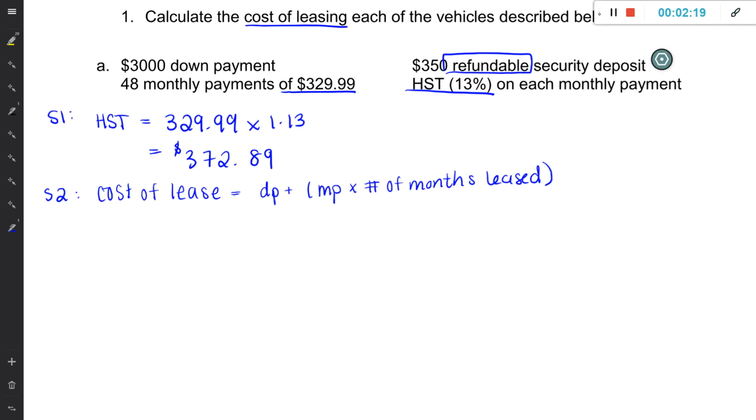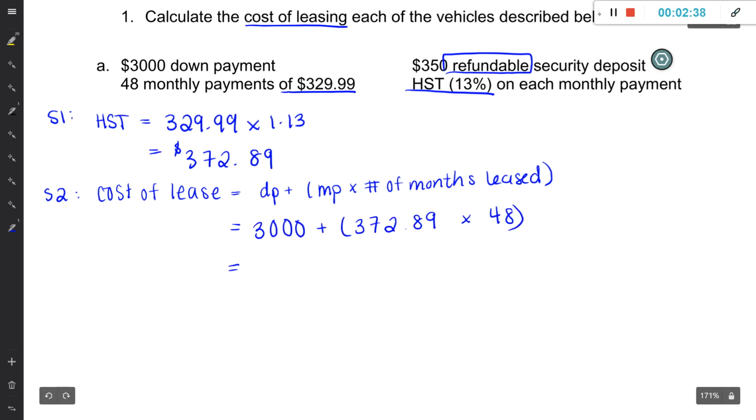So then I'm just going to write all that stuff in. The cost of my lease is going to be equal to my down payment that I made, which was $3,000, plus my monthly payments after tax for $372.89, and the number of months that I leased it for was 48. I made 48 of those payments. So I'm just going to do 3,000.